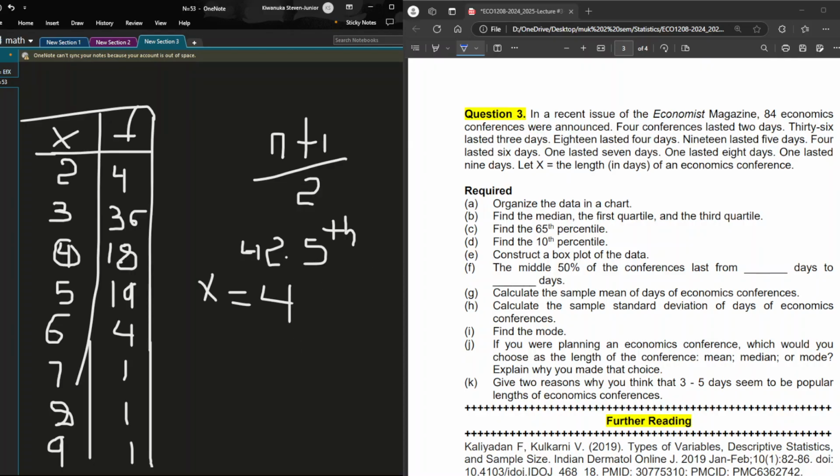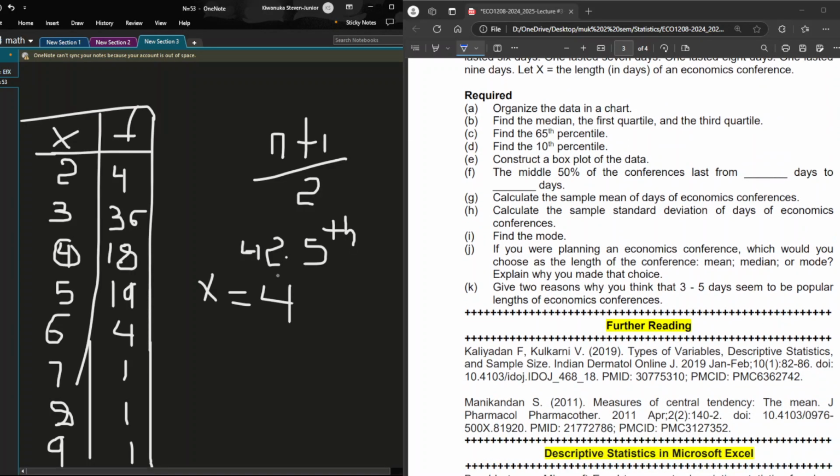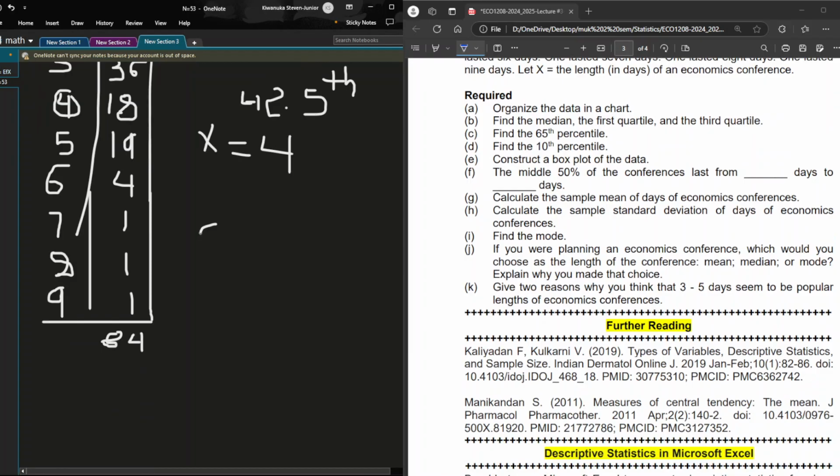We come to the first quartile. Because this type of data is ungrouped, the formula for Q1 is 1 out of 4 times (n plus 1), which is 84 plus 1 to get 85, times 85 over 4, and our answer is a position: 21.25.